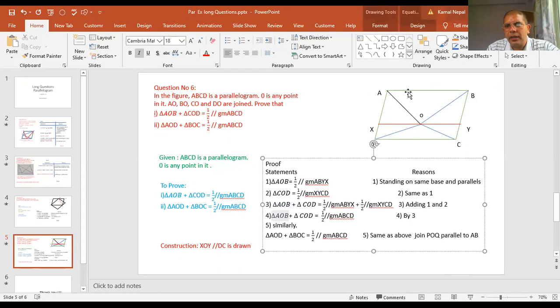Now you can observe ABYX parallelogram and XYCD parallelogram. The addition of these two is the total parallelogram ABCD. Now you can conclude; this is your proof.